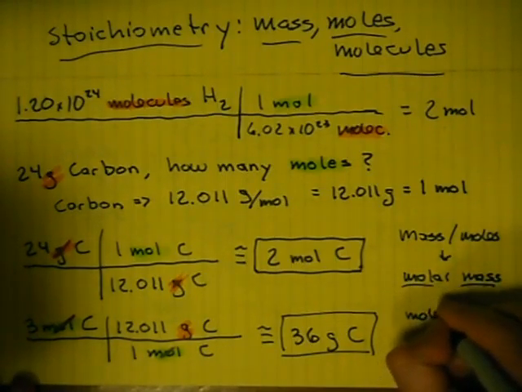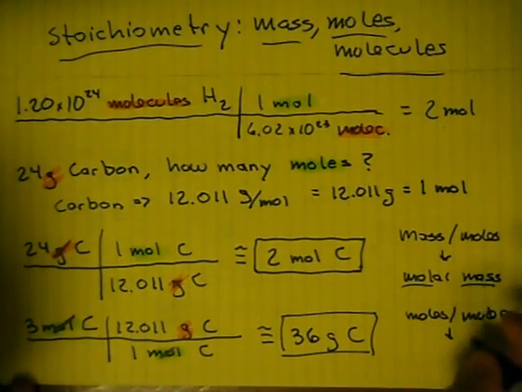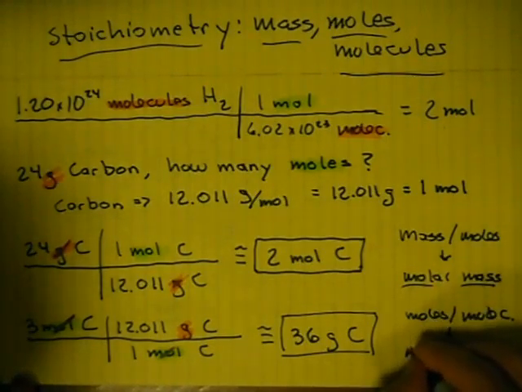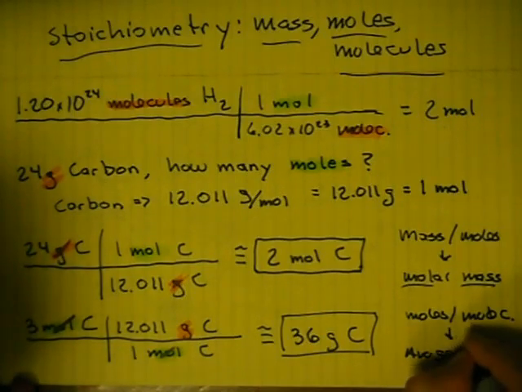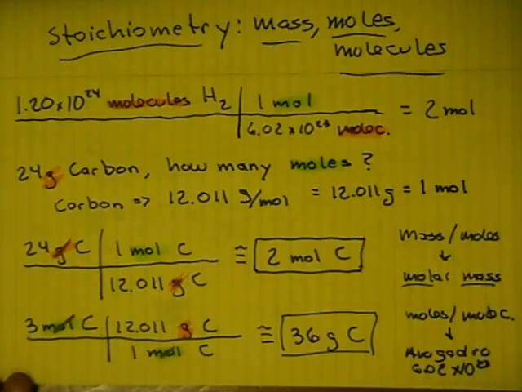Moles to molecules, that is Avogadro's number, our 6.02 times 10 to the 23rd. So mass in moles, we use molar mass. Moles in molecules, we use Avogadro's number.